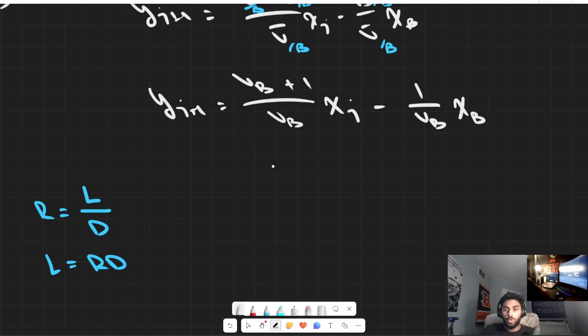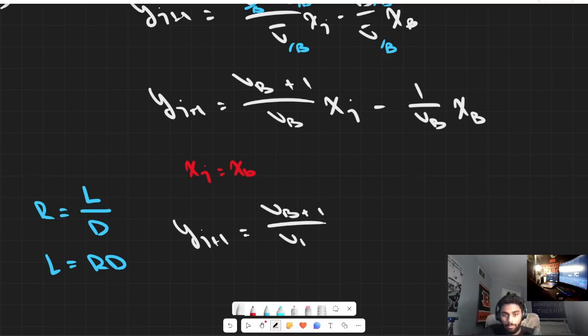So this is our governing equation for our stripping. This is our slope, this boil-up ratio plus 1 over the boil-up ratio, times our composition, minus 1 over boil-up ratio. This is our intercept over here. And if we were to plug in the case xj equals xb, it gets something like this, equals Vb plus 1 over Vb xb minus 1 over Vb xb.